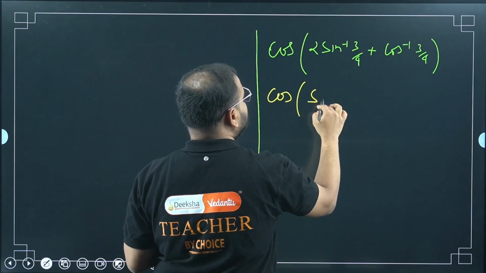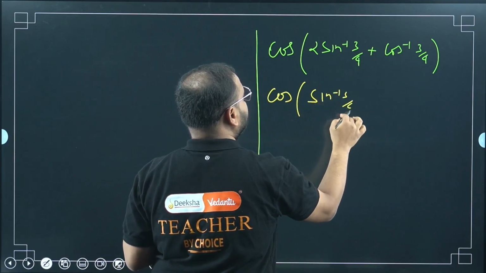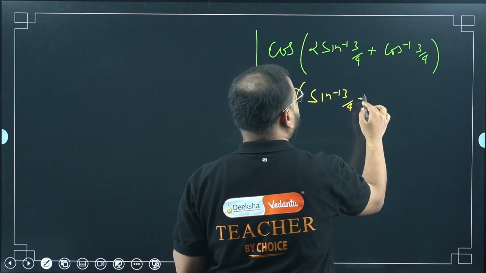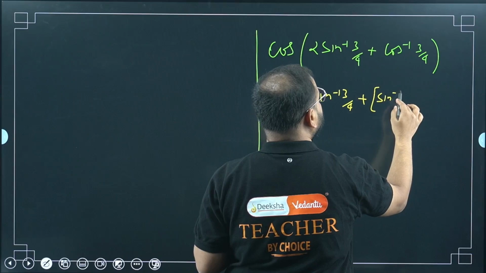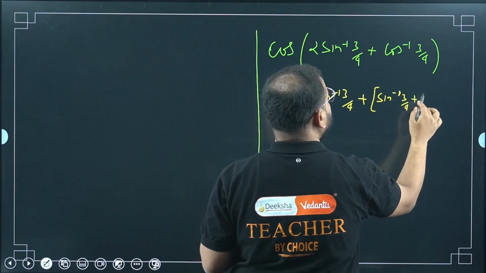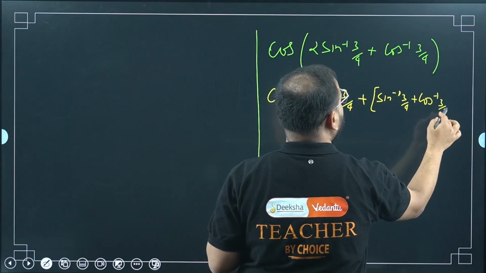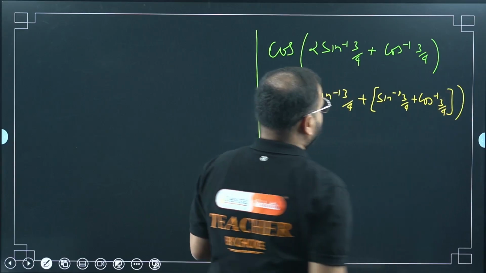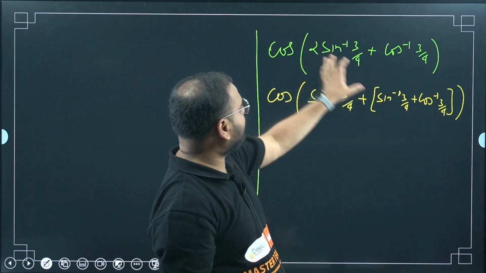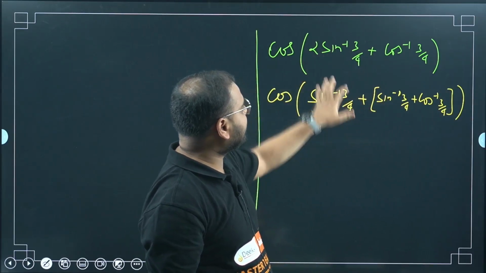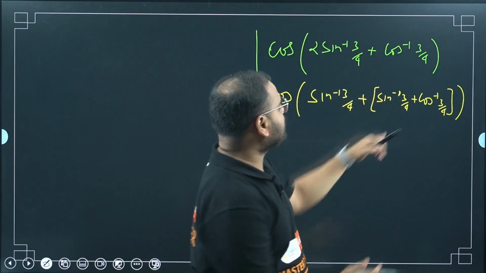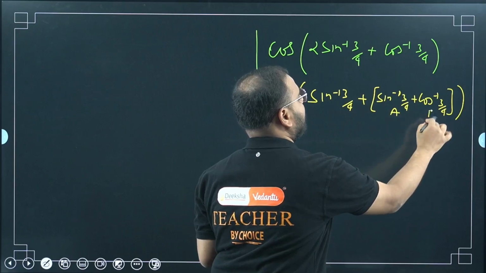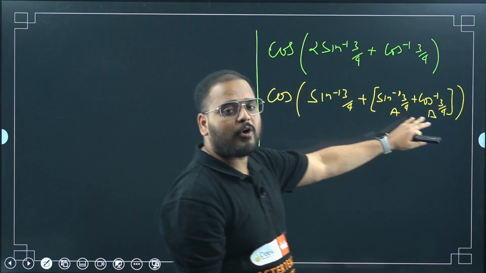So I'll write this as sin inverse 3 by 4 separately, and then I'll club this together: sin inverse 3 by 4 plus cos inverse 3 by 4. Please check. Out of these two sin inverse, I took one sin inverse over here. If you add it again, it'll get back to the same point. Why, sir? Because this is going to be my angle A, and this is going to be my angle B. Sum of the angles will be 90 degrees.